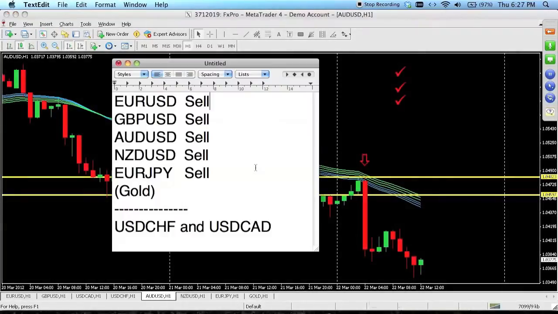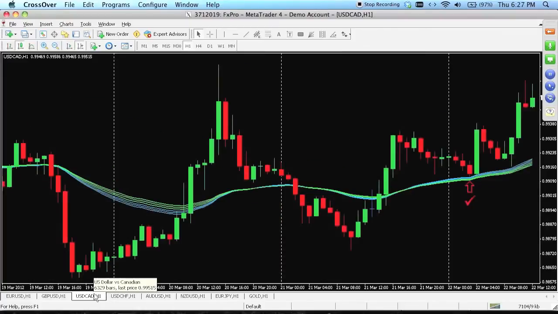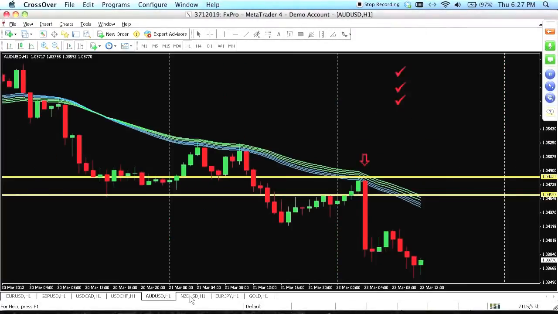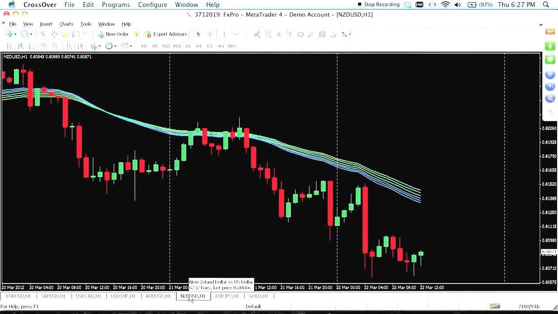That means opposite on these two pairs, which would mean buy on these two pairs. Now, we have a touch on US dollar CAD. We have a touch on Aussie dollar. Let's take a look further down. New Zealand dollar: no touch, but the market did go in the same direction.